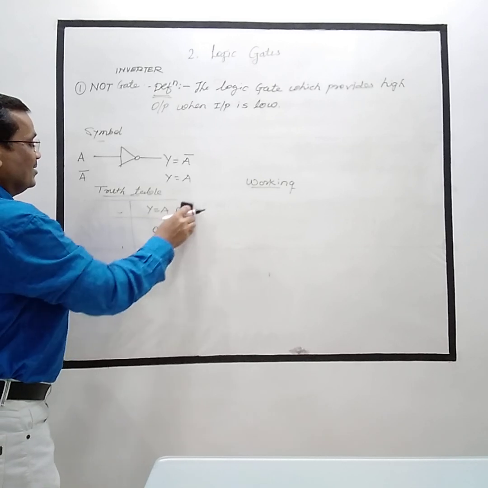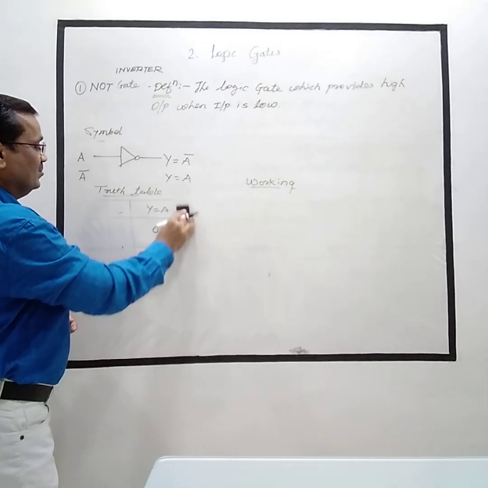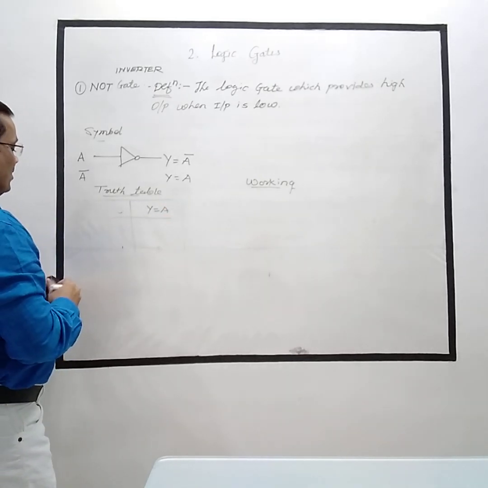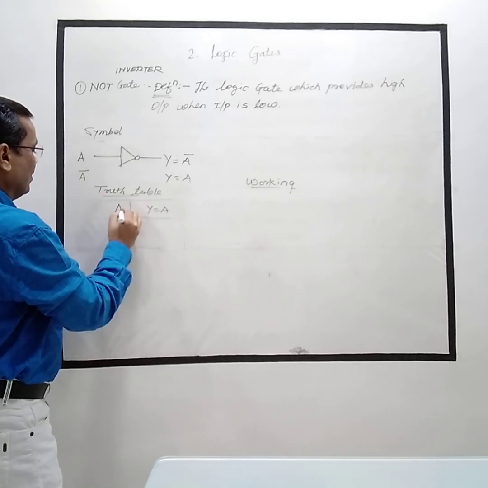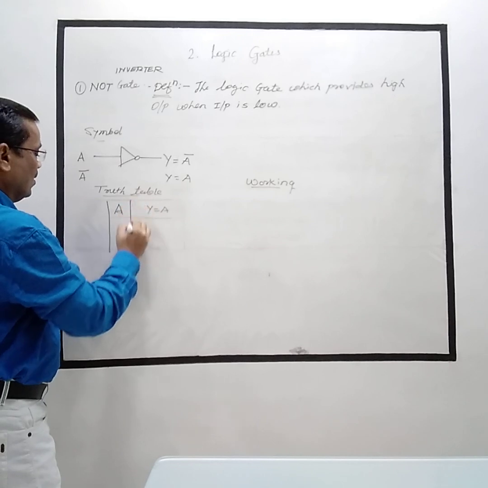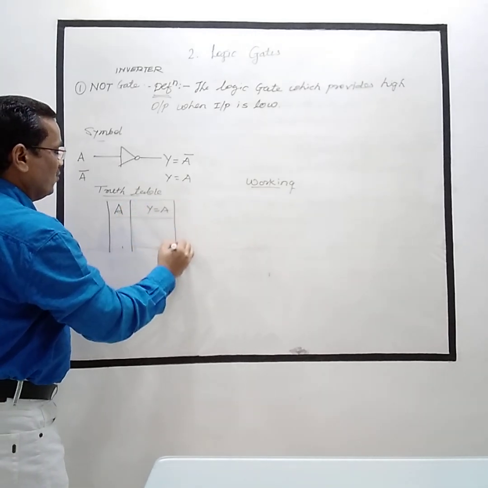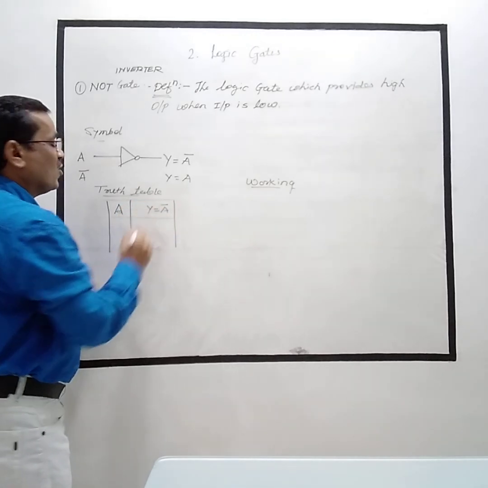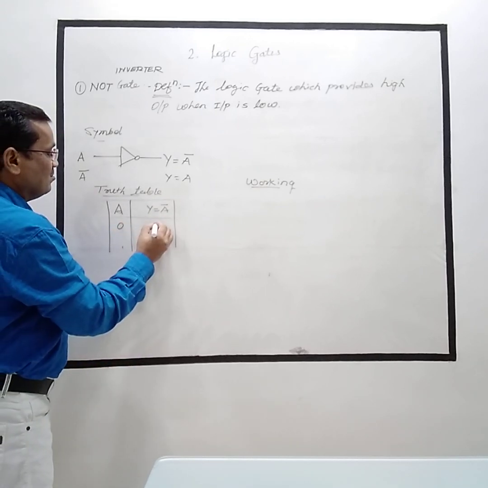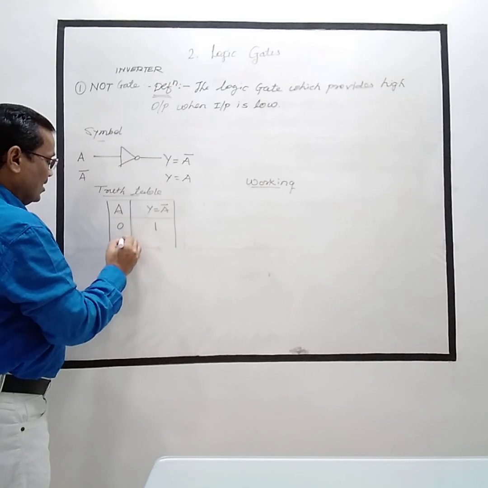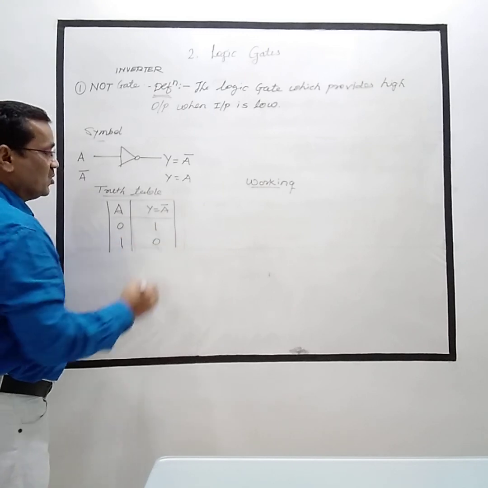Now the truth table is like this. Only one input A and only one output y is equal to A complement, A bar. If A is 0, output is 1. If A is 1, output is 0.